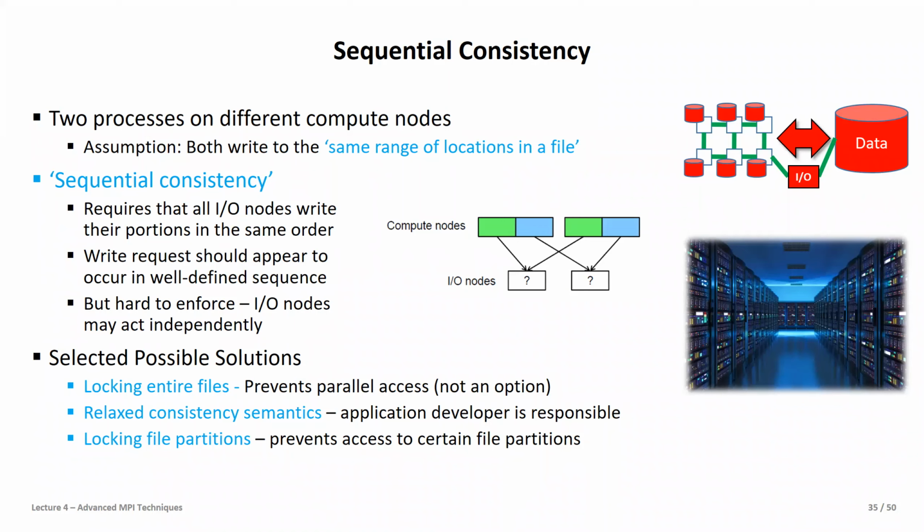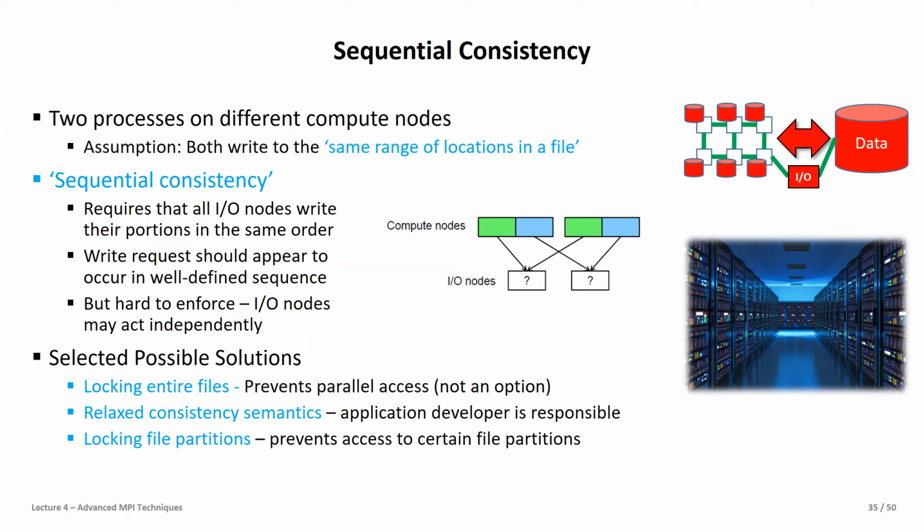So the question is, could all of them write in the same manner? Are all the writes or their portions in the same order? Because we never know who would be first. And when you already stripe the file over many different IO nodes, it is very hard to do so, because you have different IO nodes that are working independently as well.